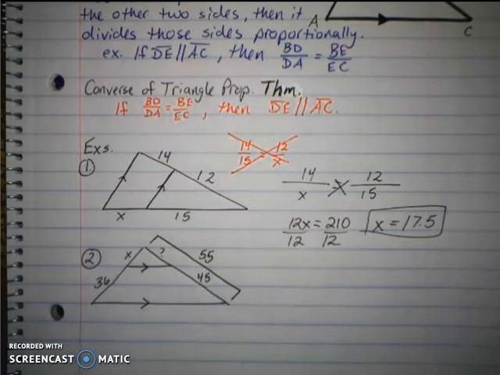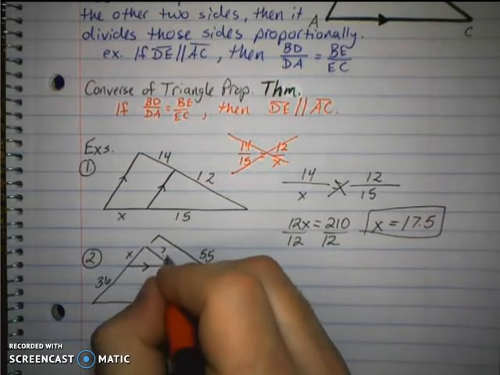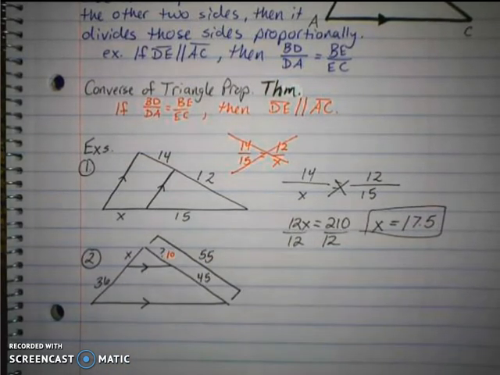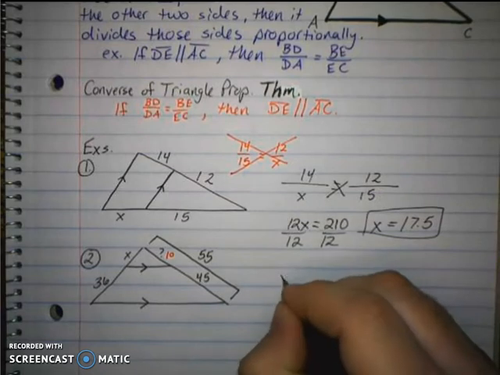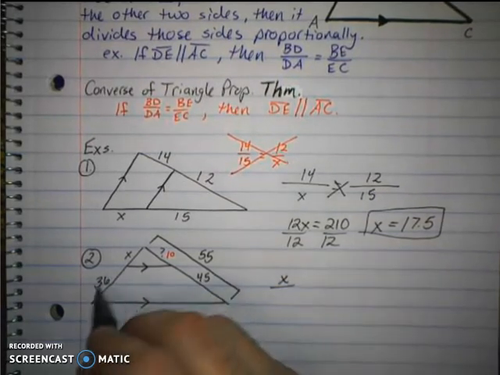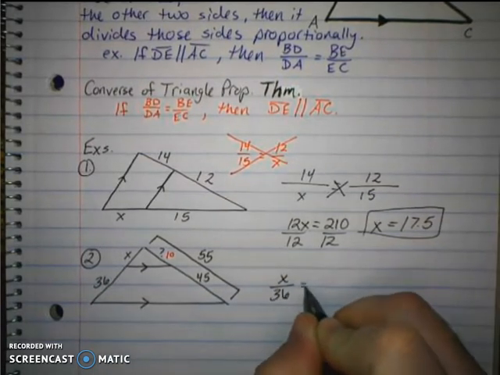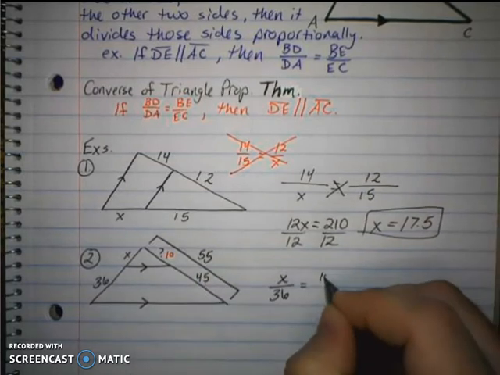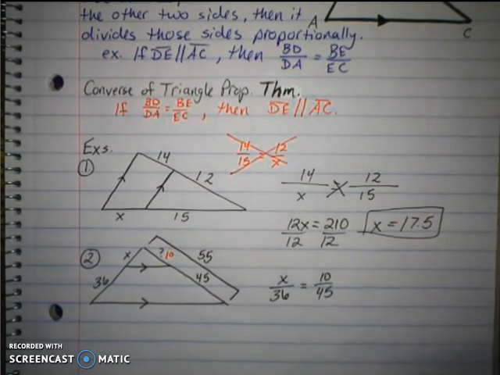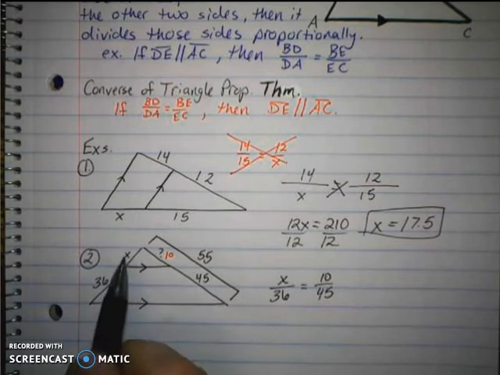Well, it's easy to see that 55 minus 45 is 10. Okay, so we can write our proportion like this. X over 36 equals 10 over 45. Okay, or you could say x over 10 equals 36 over 45.